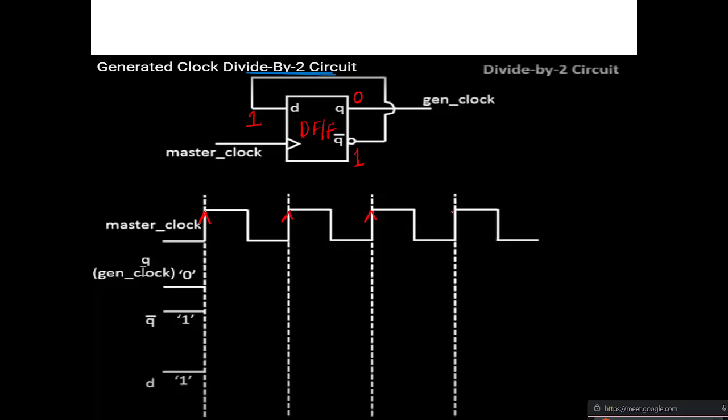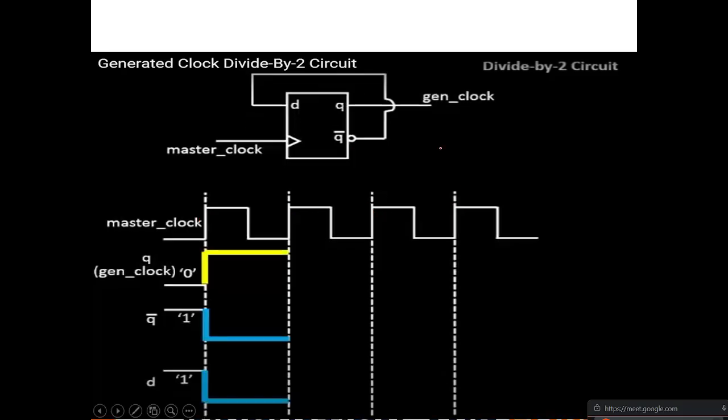During this clock edge, Q becomes 1, Q bar becomes 0, and that comes to D, so D becomes 0.